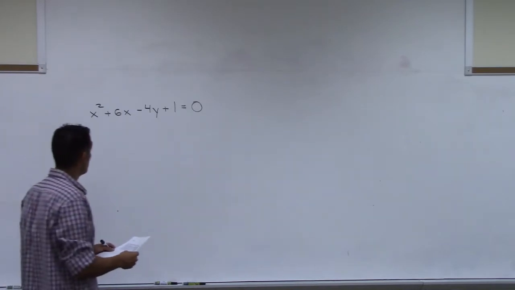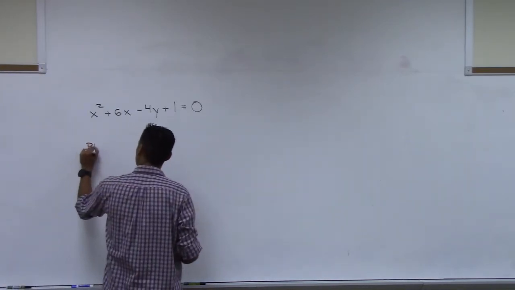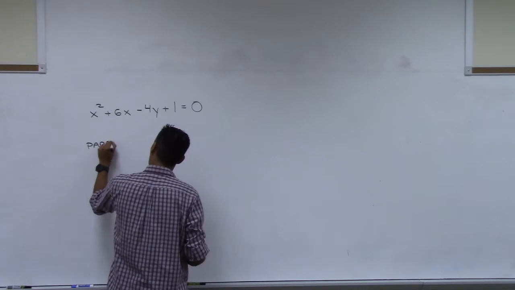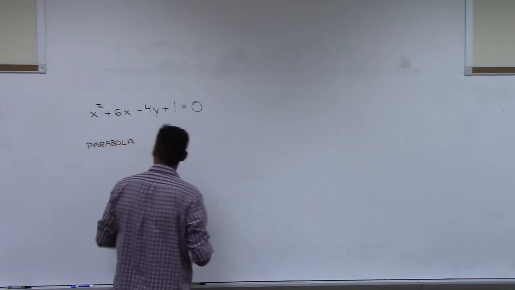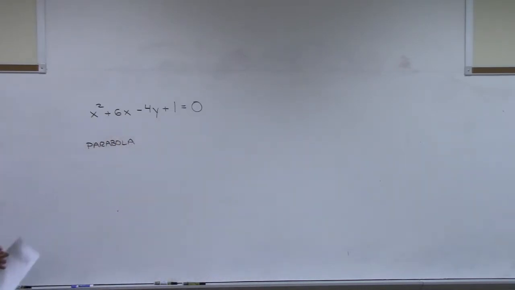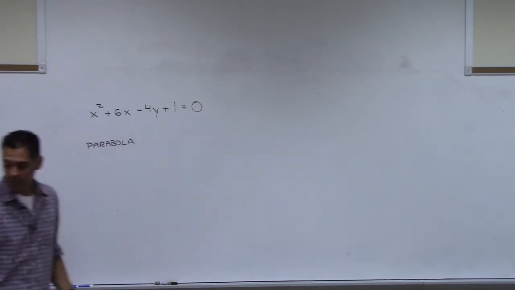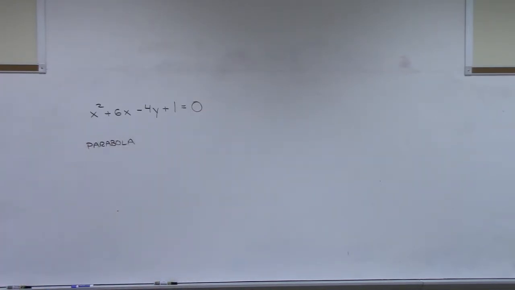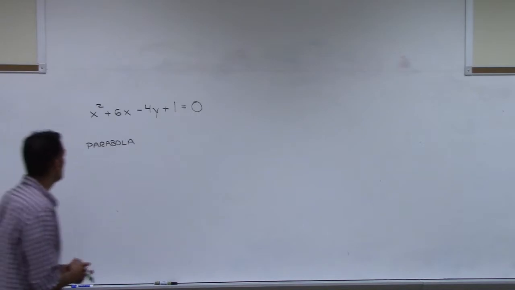So we are going to say this is a parabola, and we know that because only one of the variables is squared. We just need to figure out which of those four forms it is. And you can already tell me it's going to be one of the bottom two, so it's going to open up or down. We still have to figure that out. So how are we going to do that?